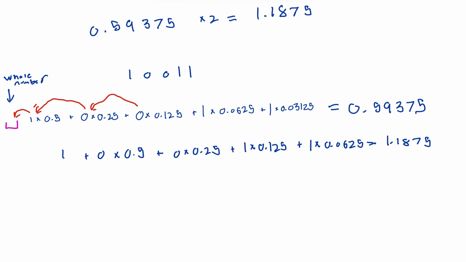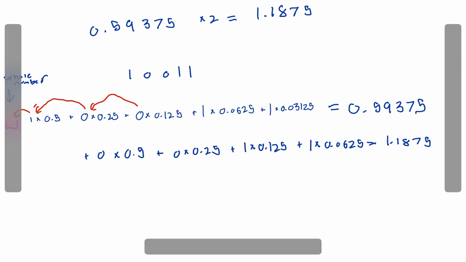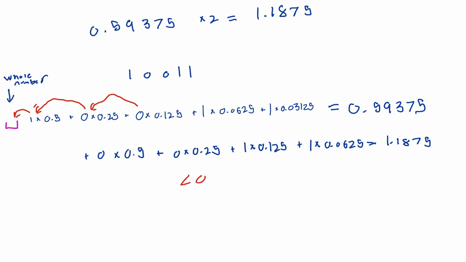Because if it wasn't a 1, this would be 0, and then we'd have some value less than 1 equals some value greater than 1, which obviously does not work. So yeah, we just uncovered the first most significant bit. We uncovered that this is supposed to be a 1, it can't be a 0.